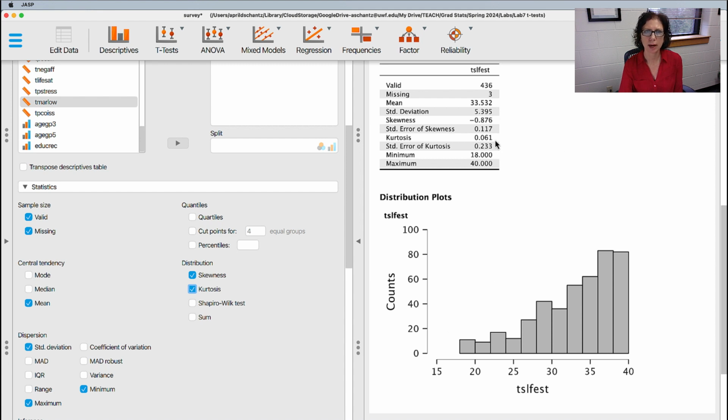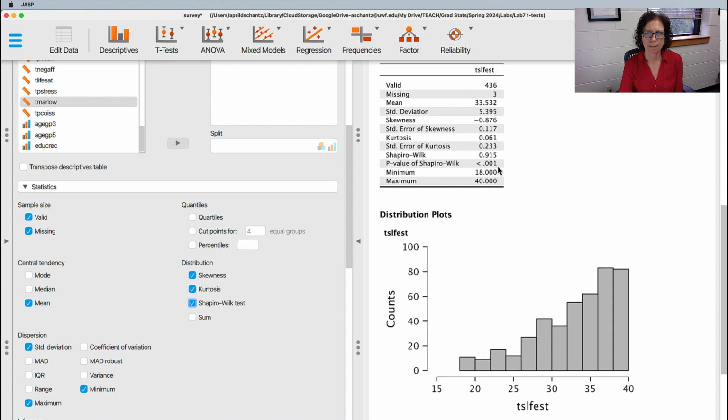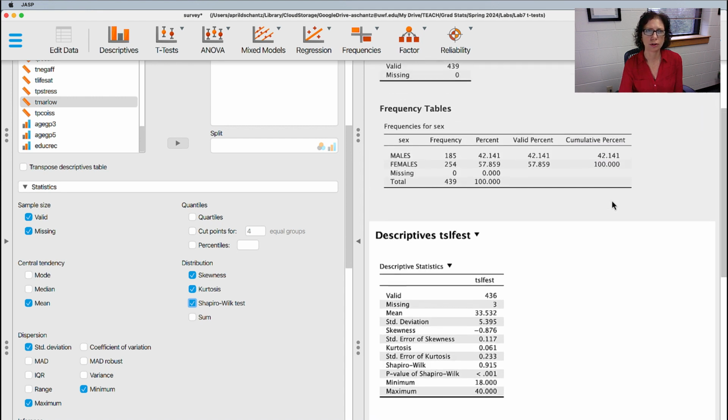Kurtosis, not as bad. And how about our Shapiro-Wilk test? Yep, significant. So visually and by the numbers, looks like we have a violation of univariate normality for total self-esteem.